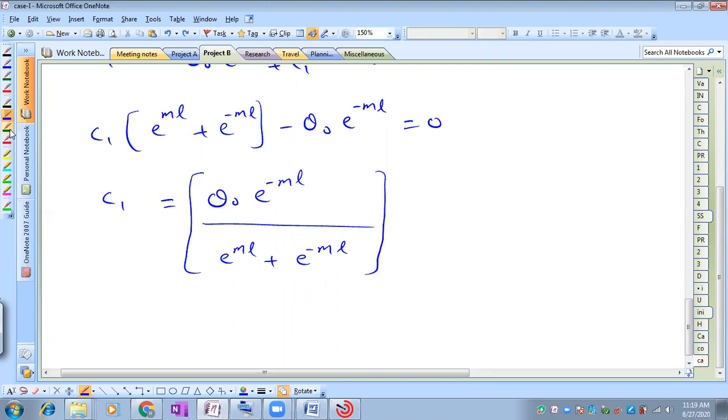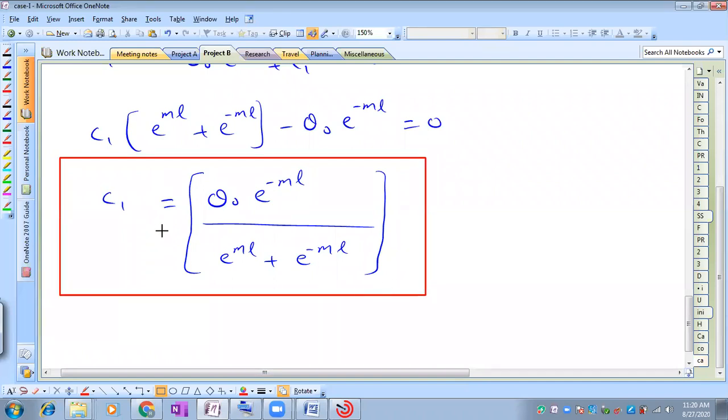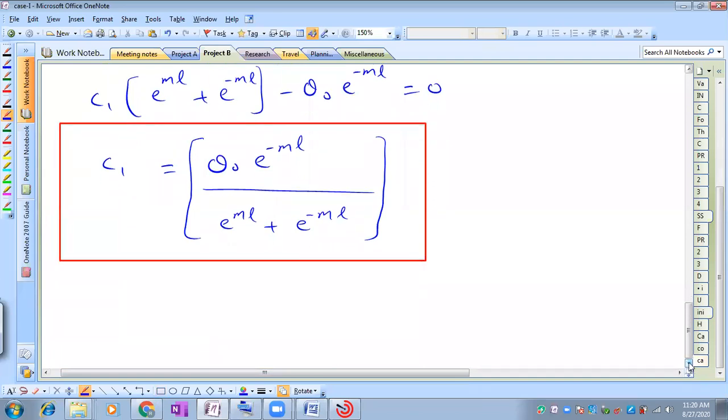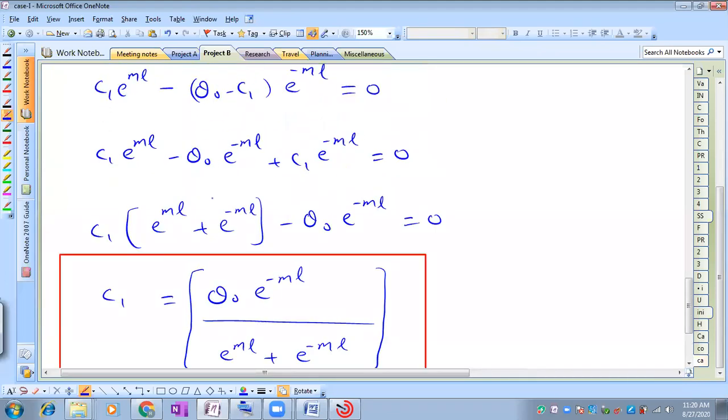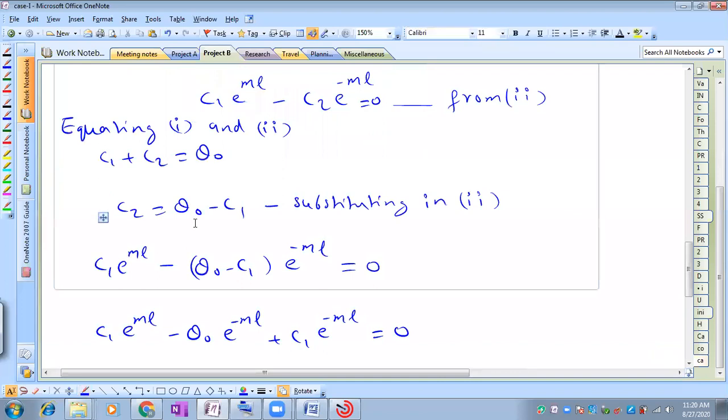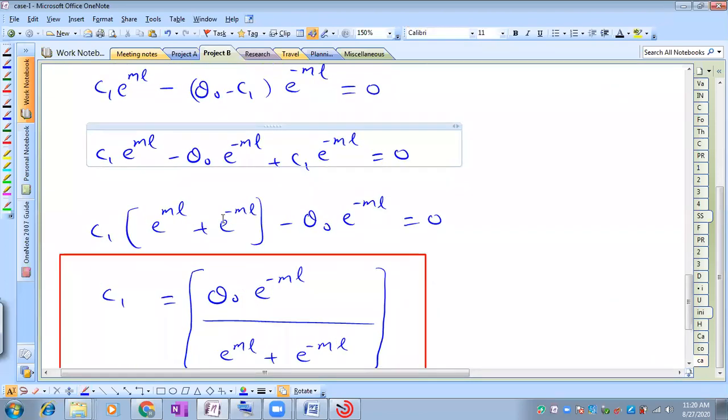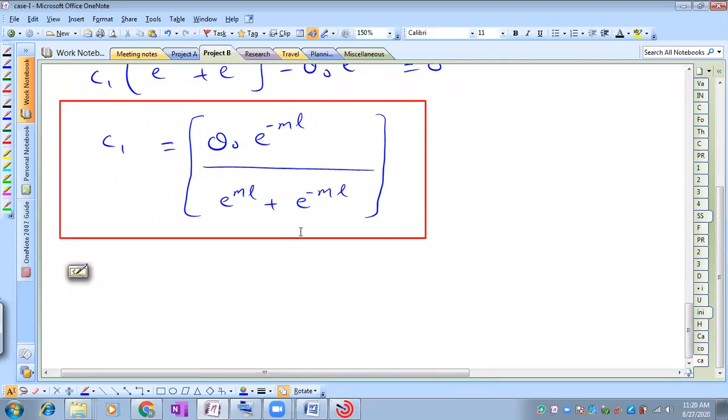Okay. So we got the value of C1 from here. Now based on this, we can get the C2 value. For the C2 value, we again substitute the C1 value. If you refer back to your equation number 1, we got C2 is equal to theta 0 minus C1.